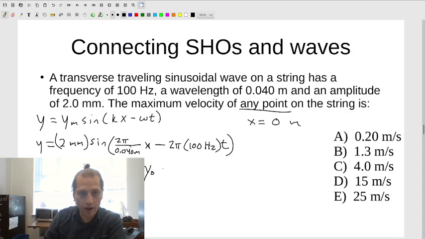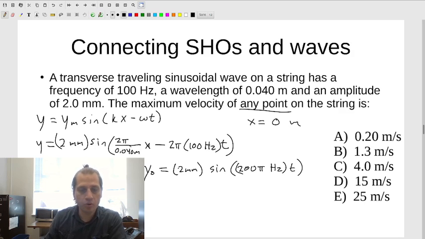So y at point 0 would just be 2 millimeters times sine of, and then this part would just go to 0, and I would just get 200 pi hertz times t.